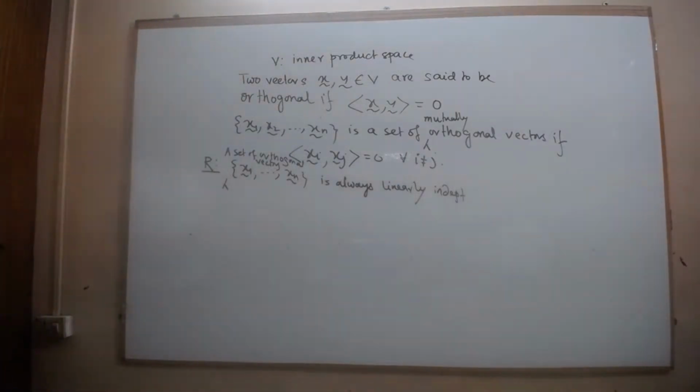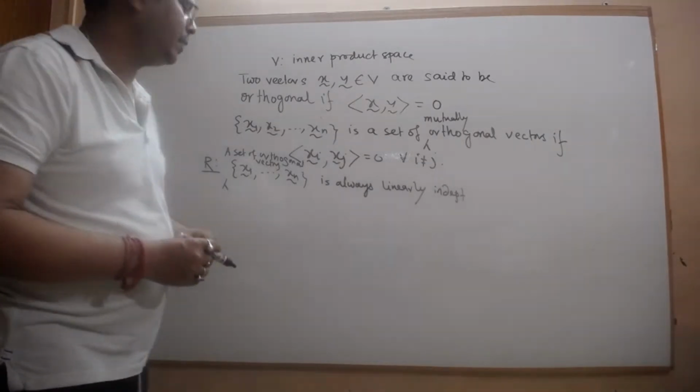A set of orthogonal vectors x1 to xn curl is always linearly independent.